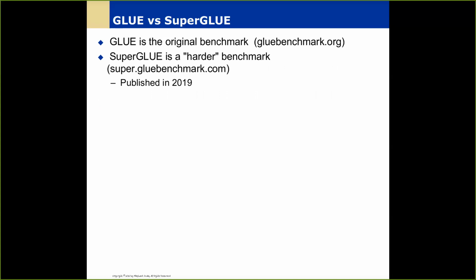The motivation is that performance on the original GLUE benchmark has improved overall, and it's harder to differentiate cutting edge algorithms because par for the course has changed. So SuperGLUE adds some additional tasks in order to help move things forward.